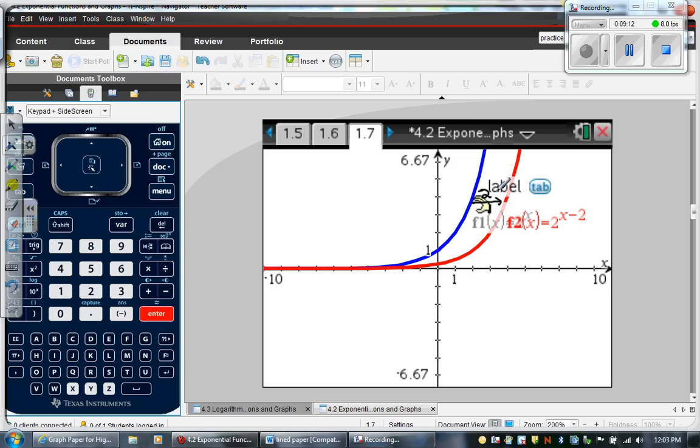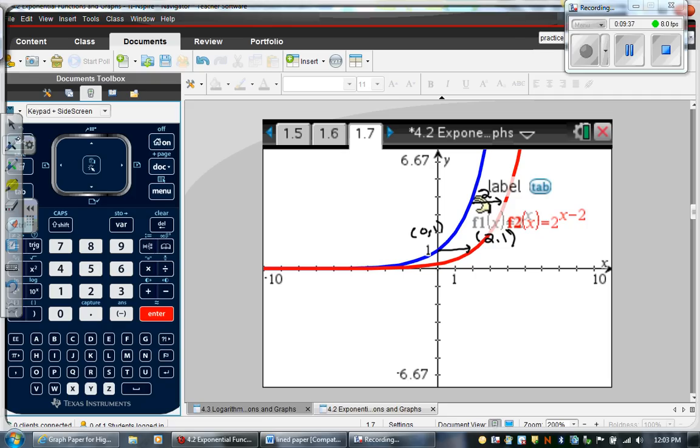So my point that would normally be 0, 1 is now 2, 1. So my x values increase by a value of 2.